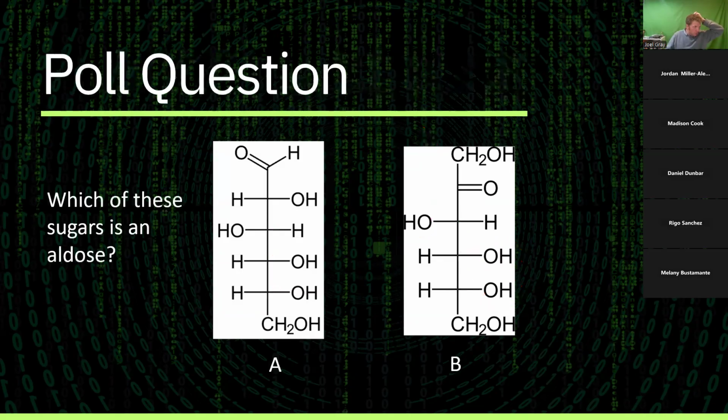Okay, so looking at this question, which of these sugars is an aldose? Is it A on the left-hand side or B on the right-hand side? An aldose is going to have an aldehyde functional group. And these are the exact same sugars that I was just showing in the previous slide.